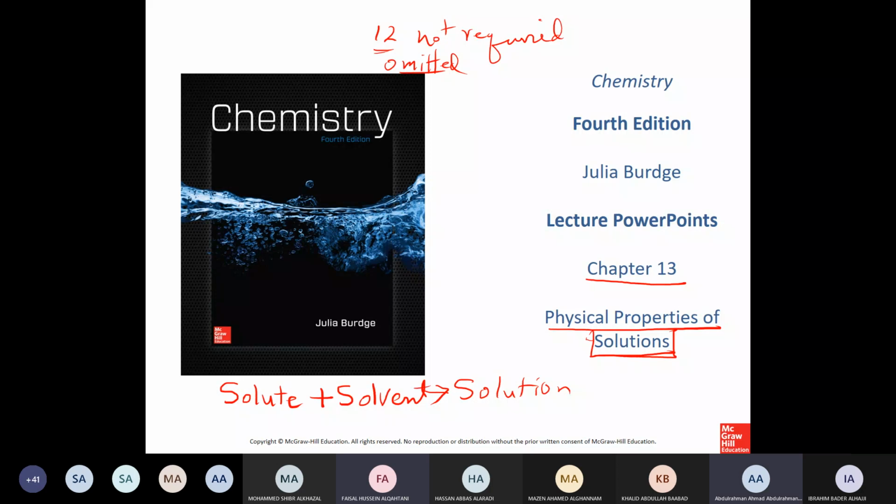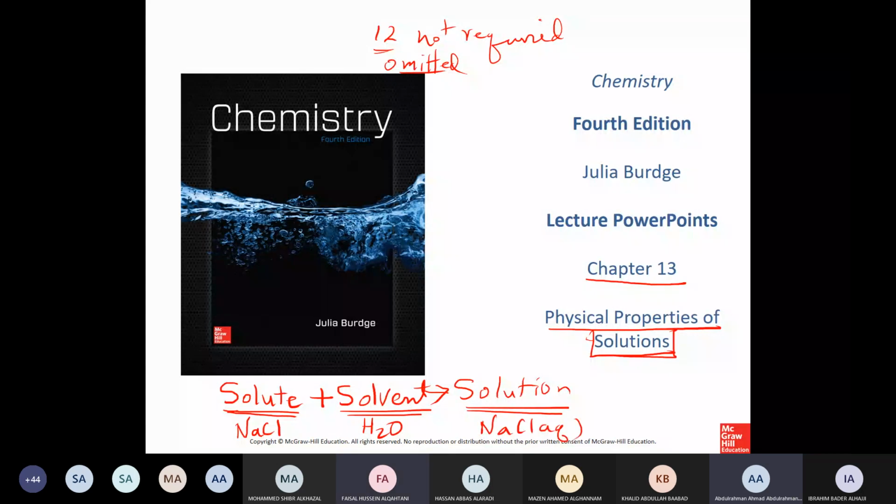I want you to memorize these words: solute, solvent, and solution. And we have the most famous example. If we dissolve NaCl in water, this will give us NaCl aqueous.